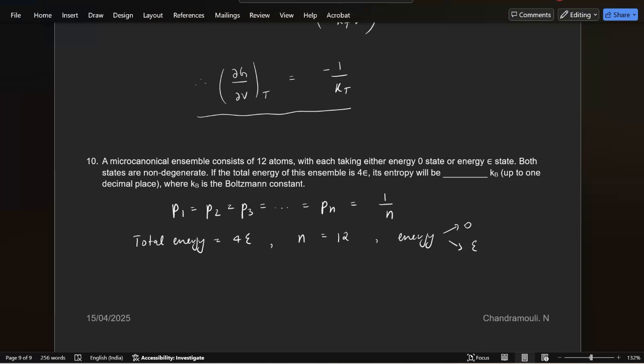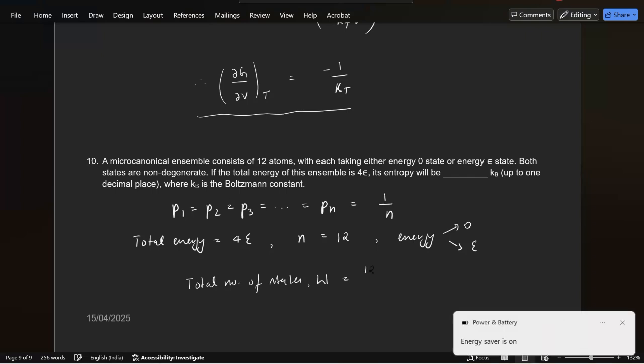Yes, sir. Okay. So the total number of states, W, is based on the number of ways you can choose 4 particles out of 12 particles. Correct? Yes, sir. What is the formula for that? You're choosing 4 particles out of 12, how many ways can we do that? 12C4.